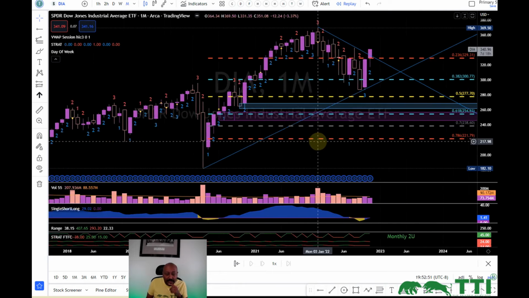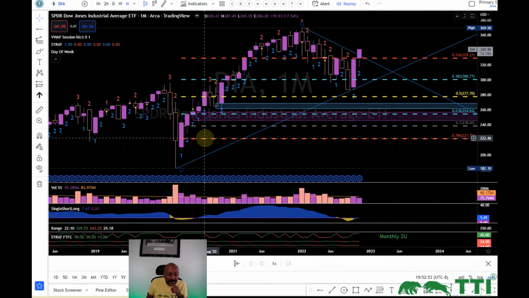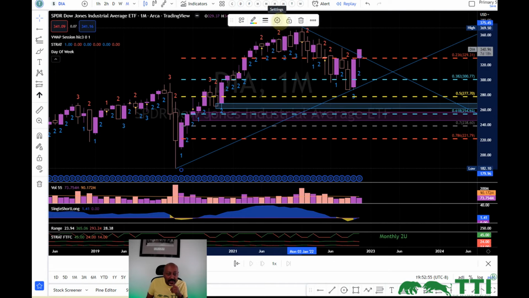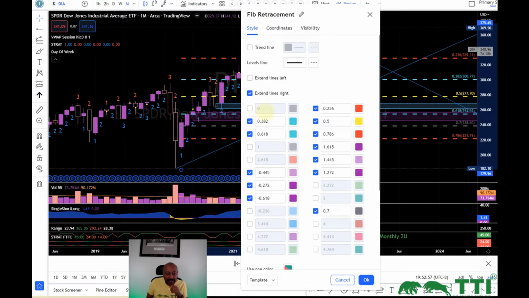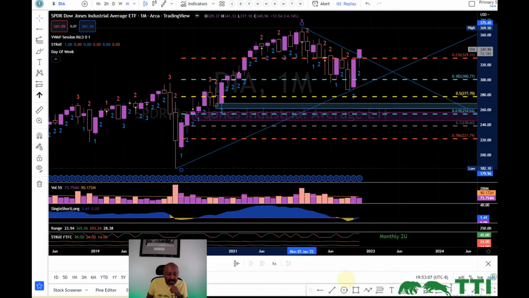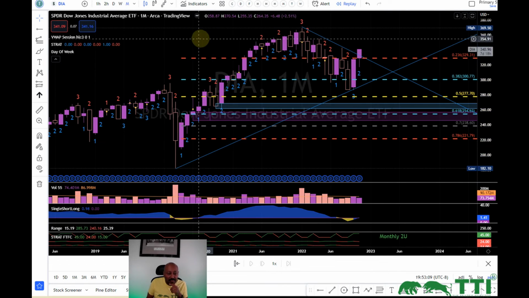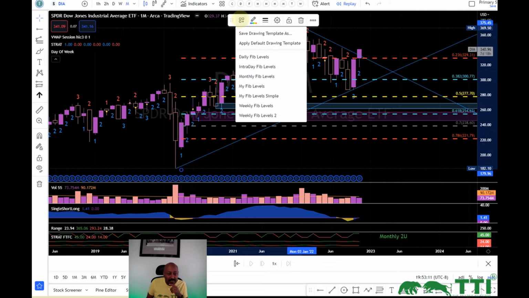When I drew my monthly fib, I did the settings and I said, hey, these are the ones that I want, and here's the kind of line that I am looking for. Then I saved it as a template. And I just kept doing that for different templates.